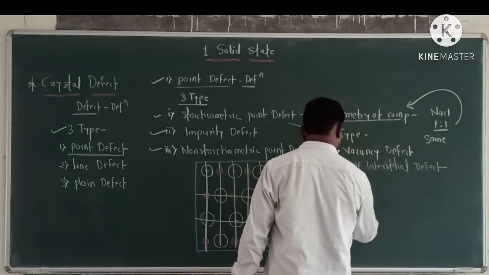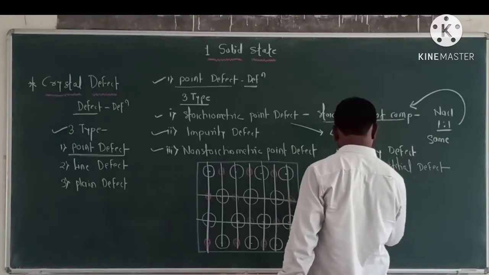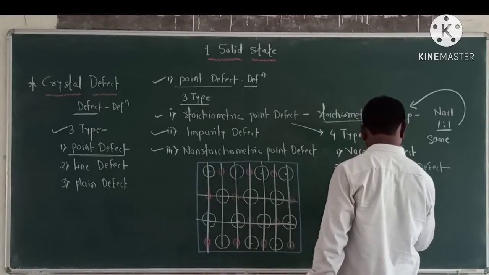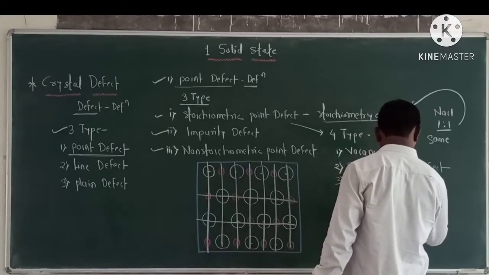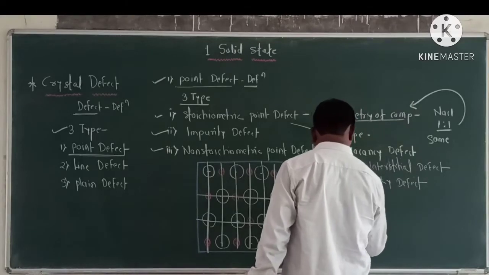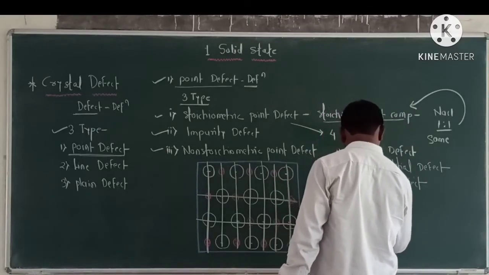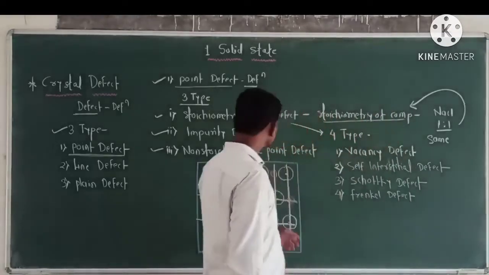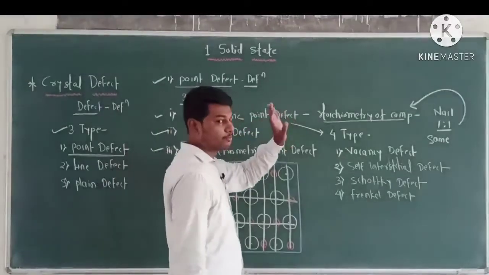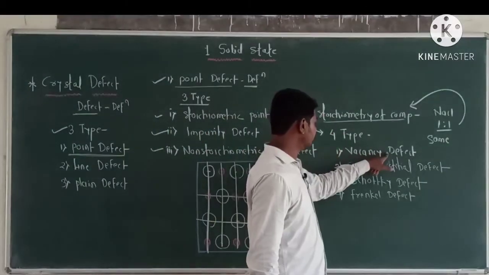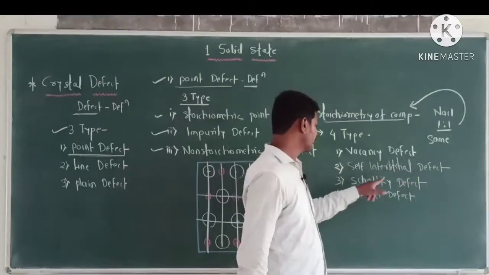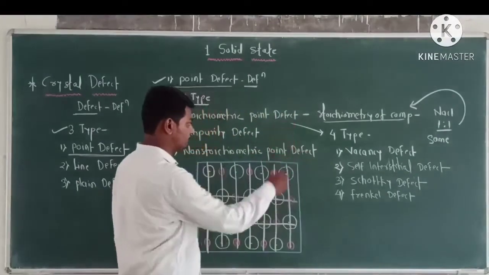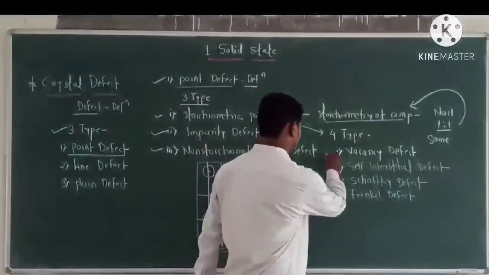Third, Schottky defect. Fourth, Frenkel defect. The stoichiometric point defect has four main types: vacancy defect, self interstitial defect, Schottky defect, and Frenkel defect. Let's see one by one. Now first, vacancy defect.